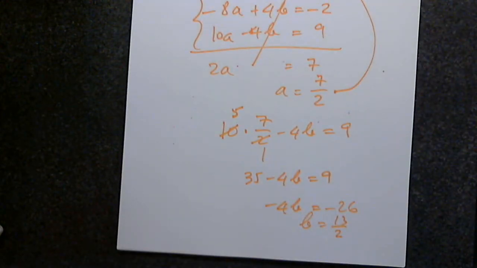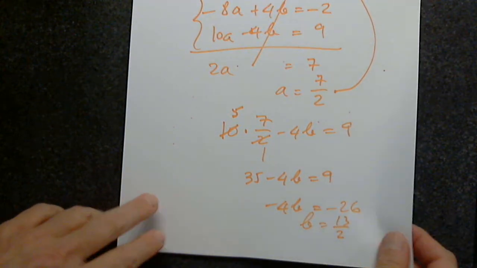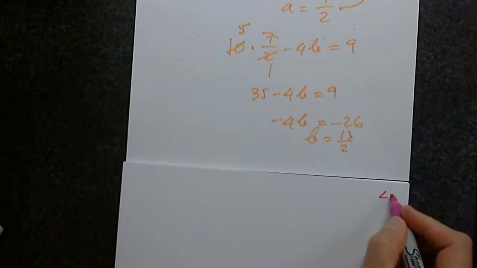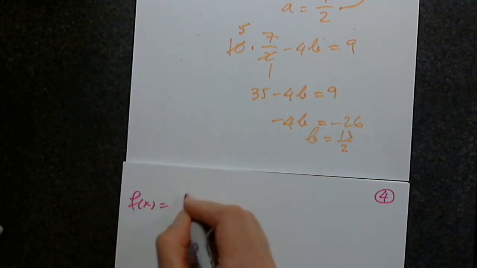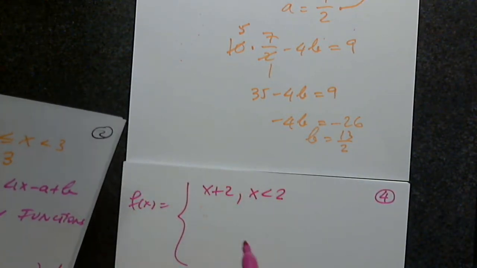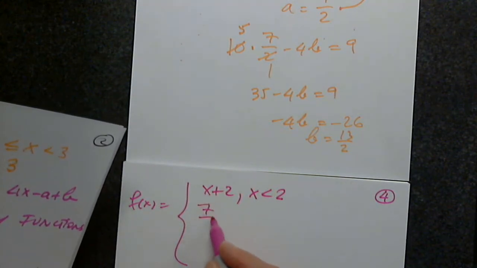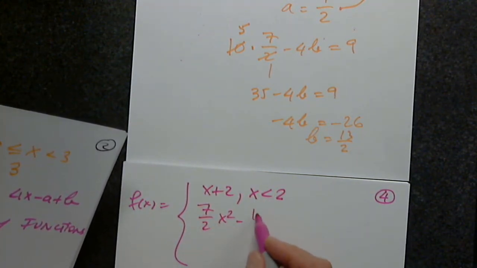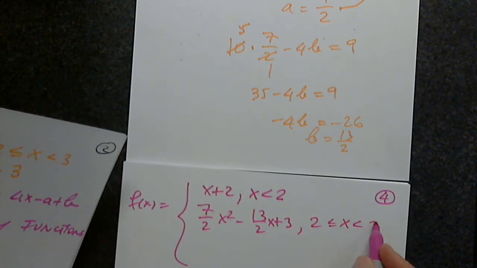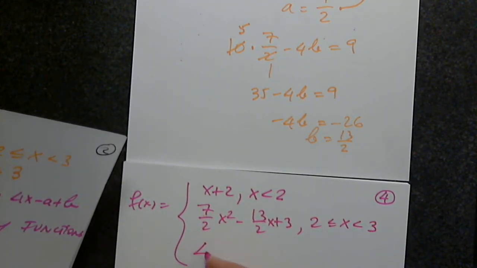This was a long problem. Now, this is good, but not good enough. I have to present the function that is guaranteed to be continuous everywhere. And like 5 pages before I had it. So x plus 2 for x less than 2, 7/2 x squared minus 13/2 x plus 3, and 4x.